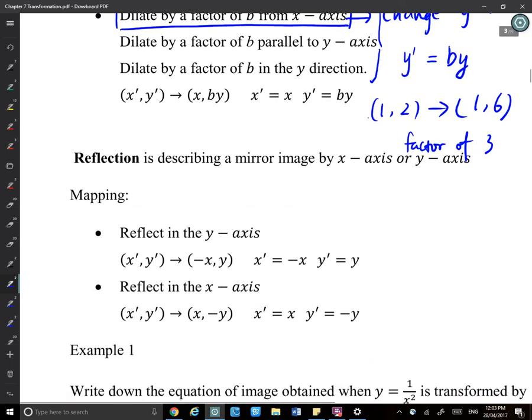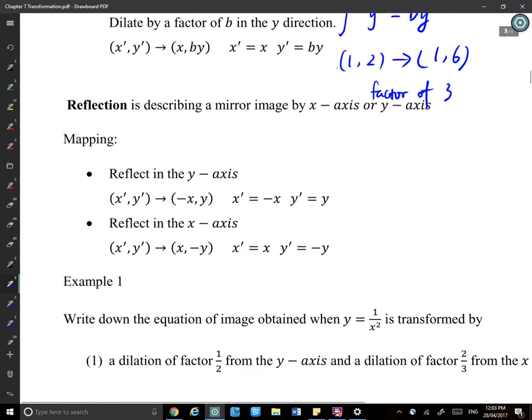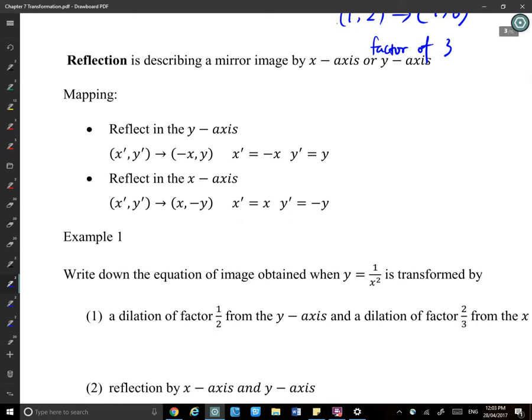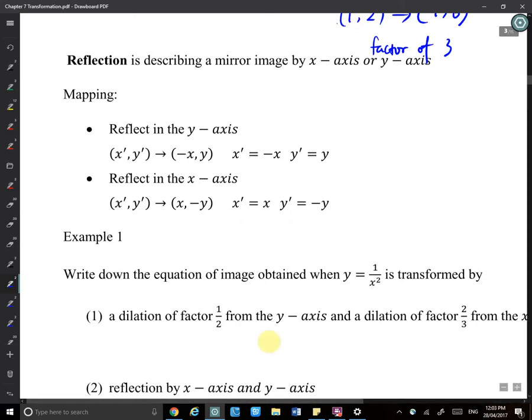Next one is reflection. Reflection is the mirror image. So let's have a look. Reflect in the y-axis changes the x value.